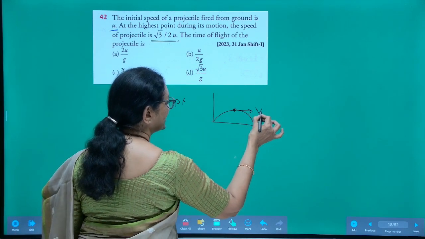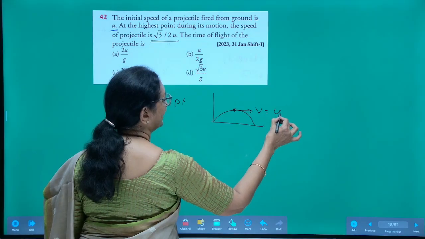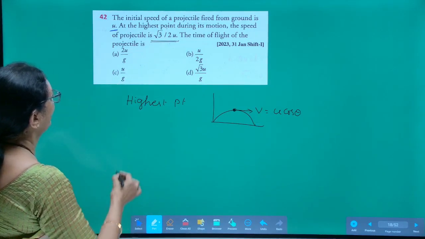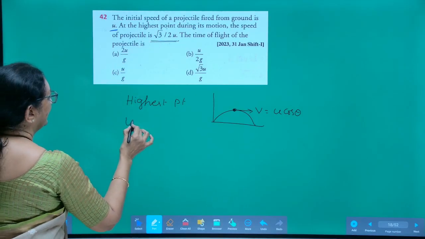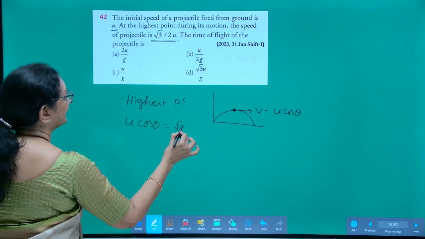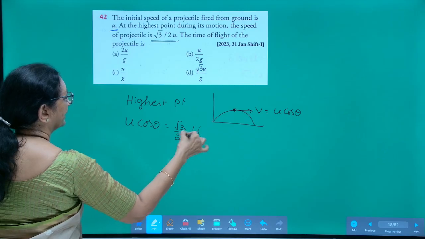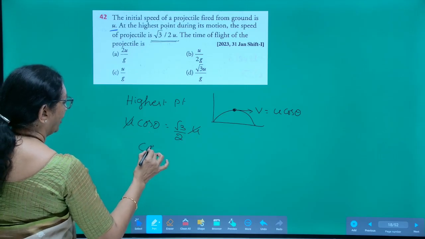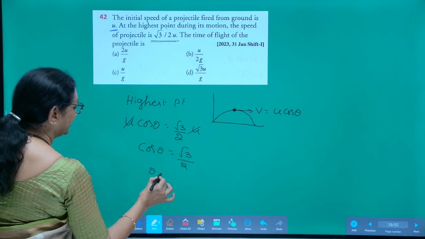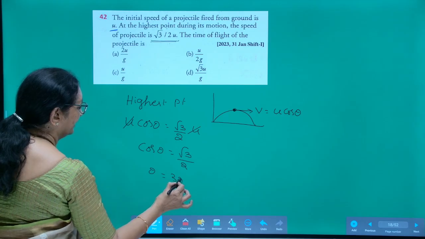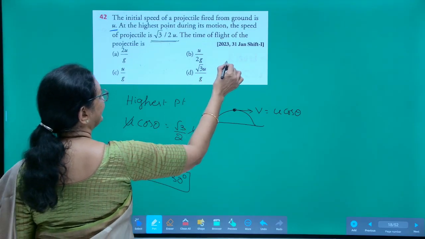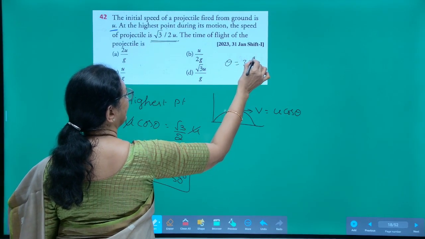So, the speed is just equal to the horizontal component u cos theta. It is mentioned that u cos theta is equal to root 3 by 2 u. From this, cos theta is equal to root 3 by 2, angle of projection with the horizontal is 30 degrees.